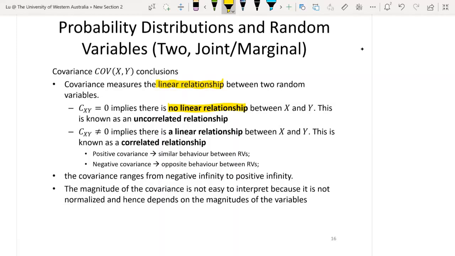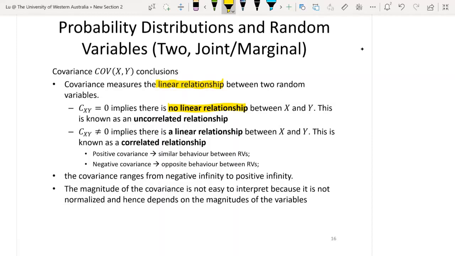If the covariance is positive, that means the behavior of x and y are similar: going up at the same time or going down at the same time, not opposite. But if the covariance value is negative, that means the behavior of the random variables are opposite each other. If x goes up, y goes down. If x goes down, y goes up, something like that.